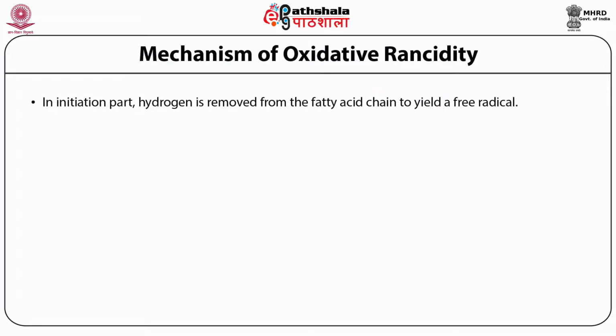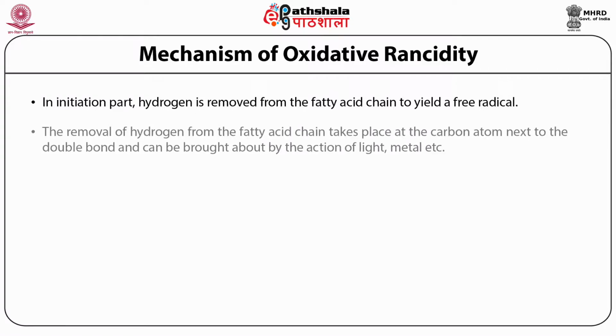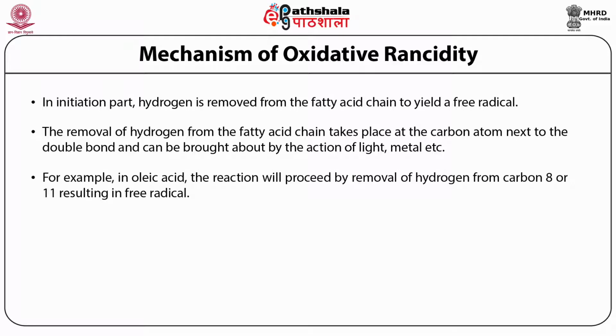In the initiation part, hydrogen is removed from the fatty acid chain to yield a free radical. The removal of hydrogen from the fatty acid chain takes place at the carbon atom next to the double bond and can be brought about by the action of light, metal, etc. For example, in oleic acid, the reaction will proceed by removal of hydrogen from carbon 8 or 11, resulting in a free radical.